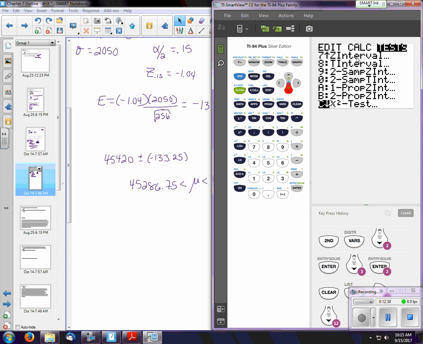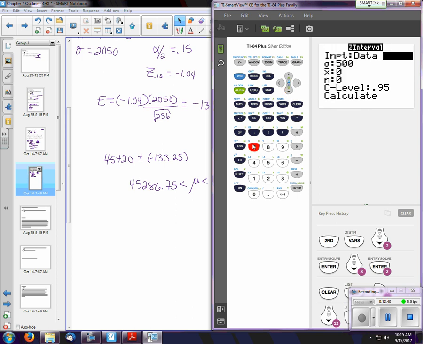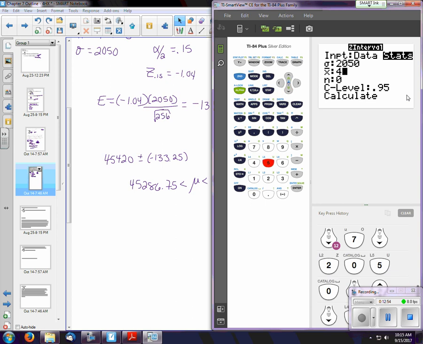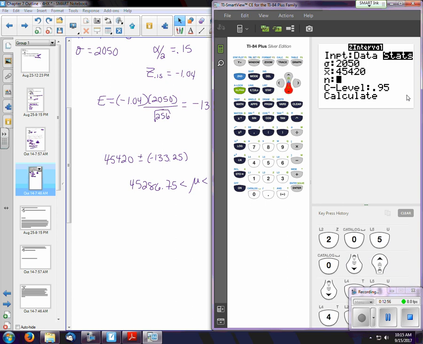This is considered a regular z interval, so I'm going to select my z interval function and tell it what my information is. I have a standard deviation of 2050, a mean of 45,420, and our sample size was 256. We wanted a confidence level of 70% here.